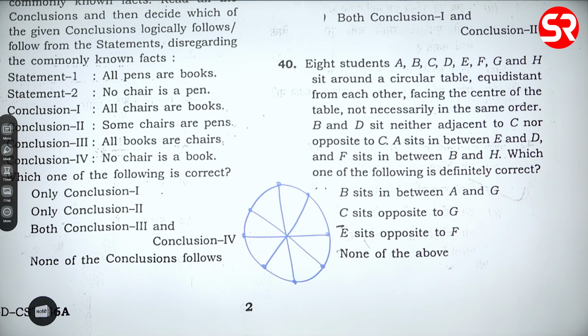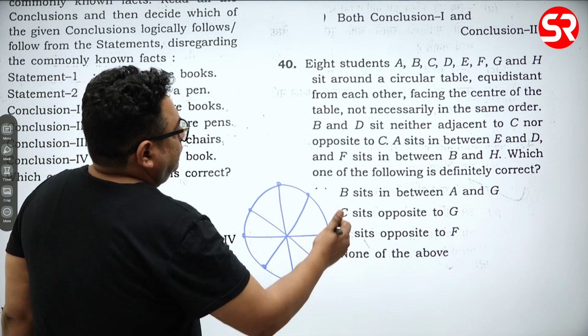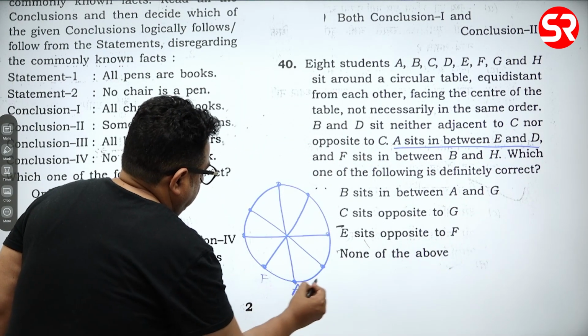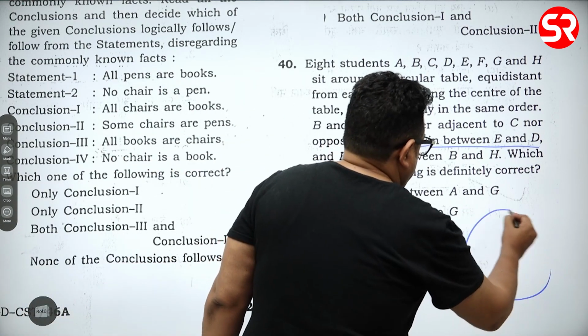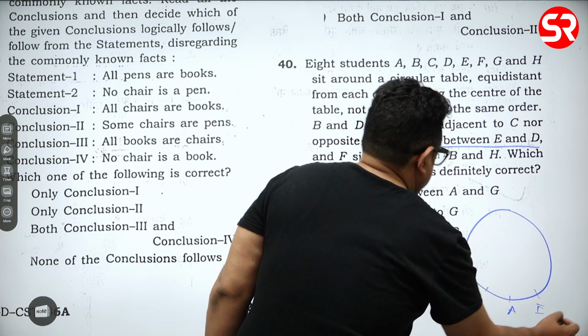B and D sit neither adjacent to C nor opposite C. Alright, so C, B and D somewhere. And A sits in between E and D. And F sits in between B and H. Right, so see guys, A sits between E and D. So A, E and D, and one more could be A, D and E, isn't it?